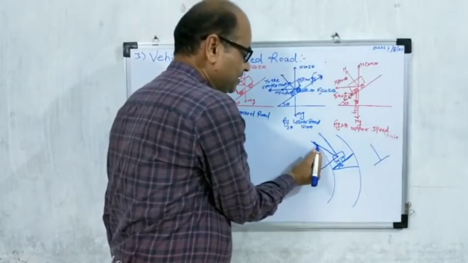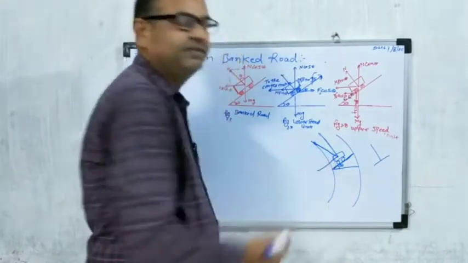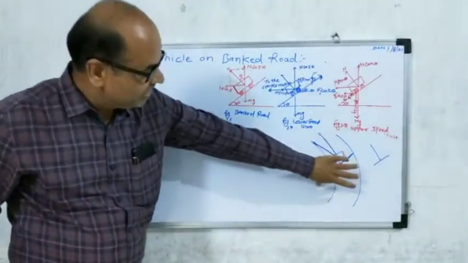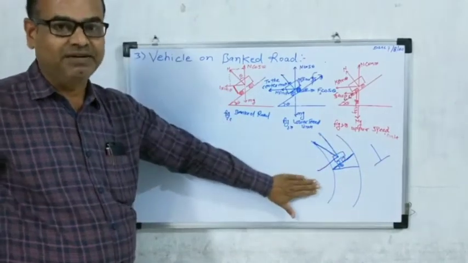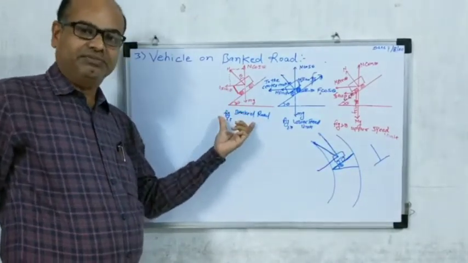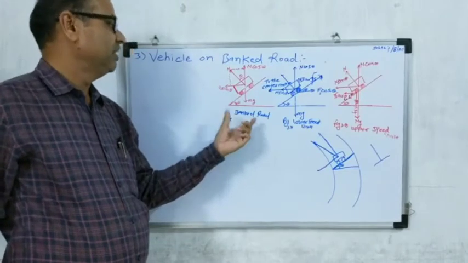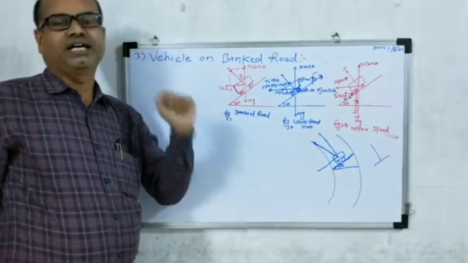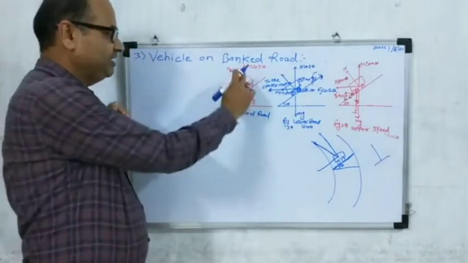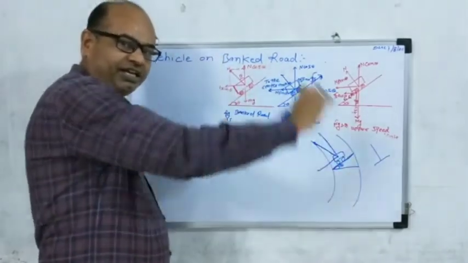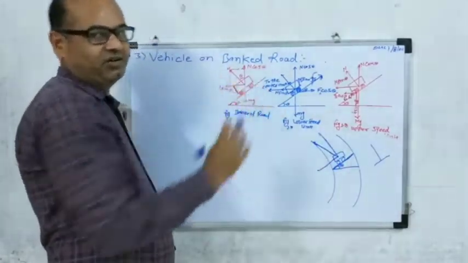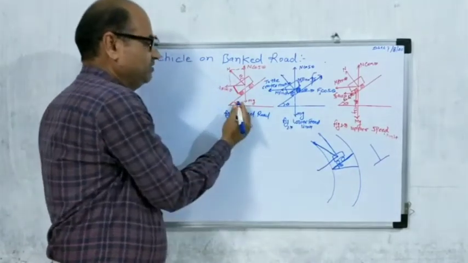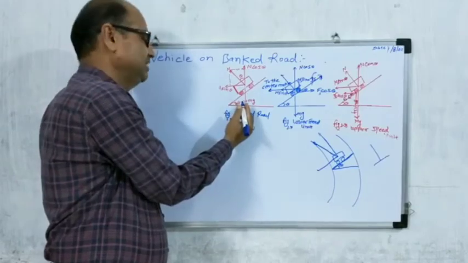The normal reaction must be divided into two components. Actually, a car should be moving in this type of curve, and the figure in the book shows the angle created by the car. That is this angle theta, shown by the figure here in the book.